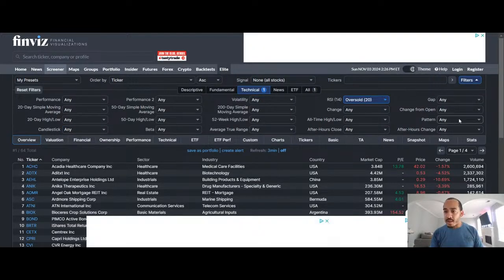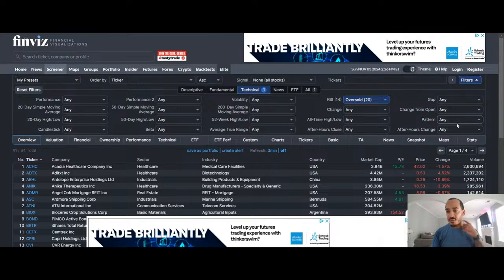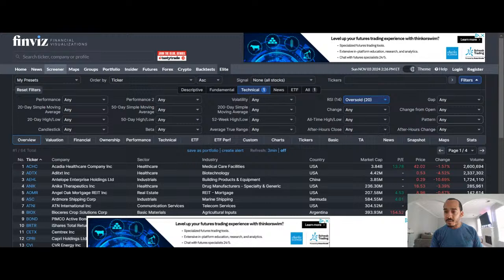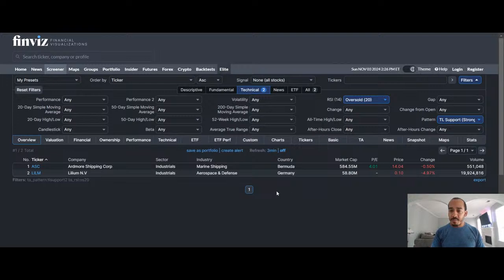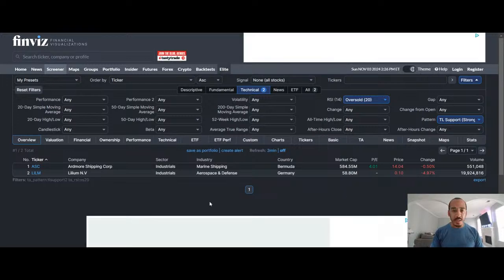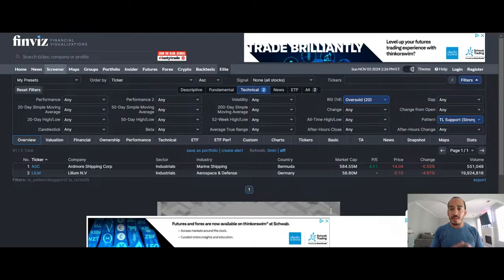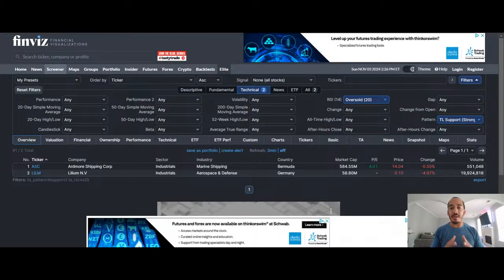Okay. Now let's look for a pattern. Let's do a strong trend line of support. Trend line support. So now, you know what I'm saying? And this is not the best example. But you could actually go in here and find something.